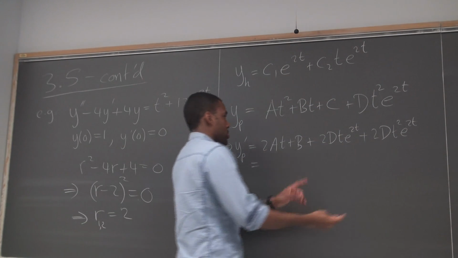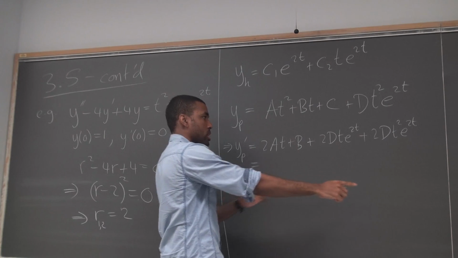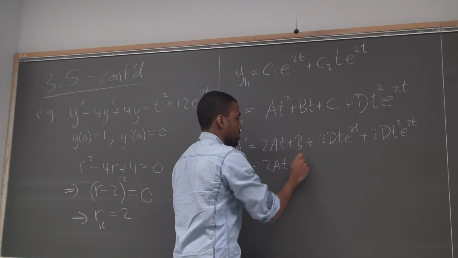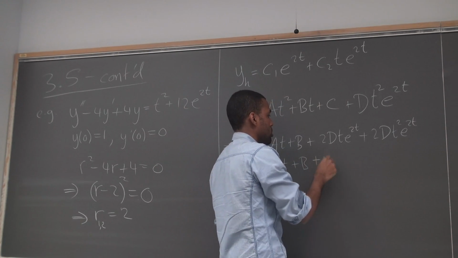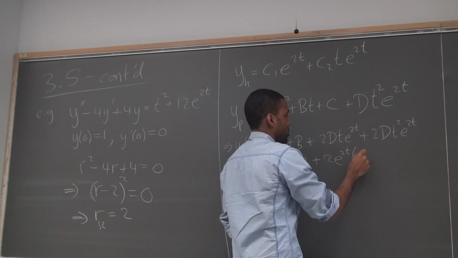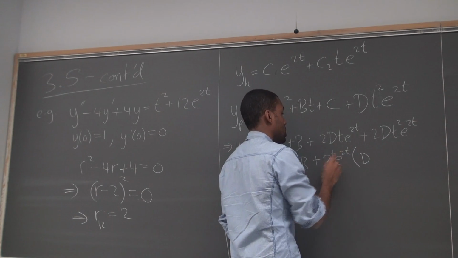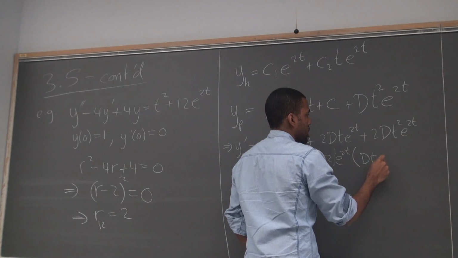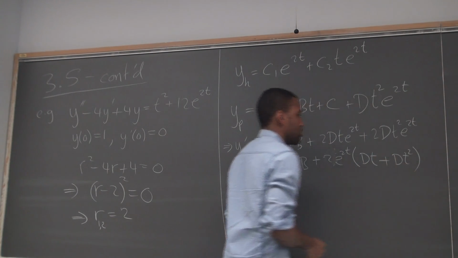Now at this point, I'd simplify at each step if it can be simplified. So here, I can make it look a little bit nicer by factoring out the e to the 2t, or 2e to the 2t, and d t plus d t squared.